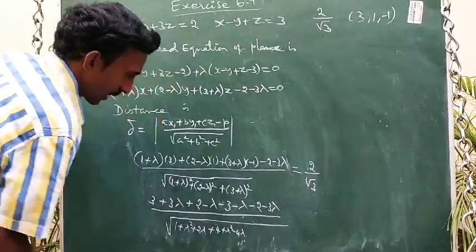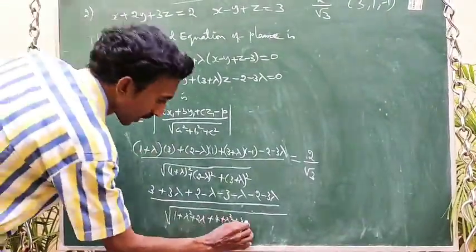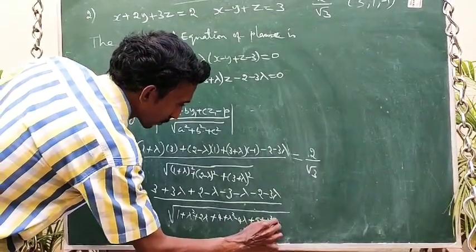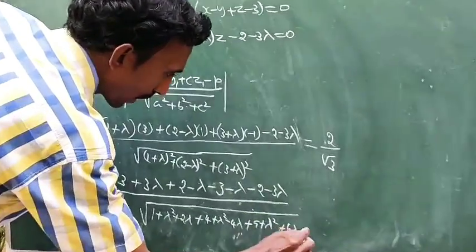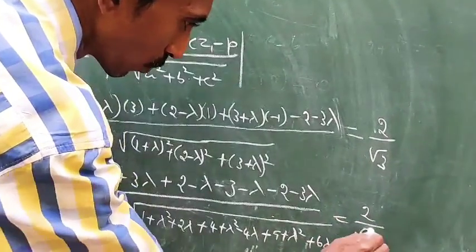Just expansion, (a plus b) the whole square, (a minus b) the whole square. It is equal to 2 by root 3.